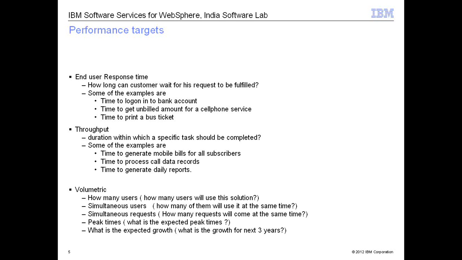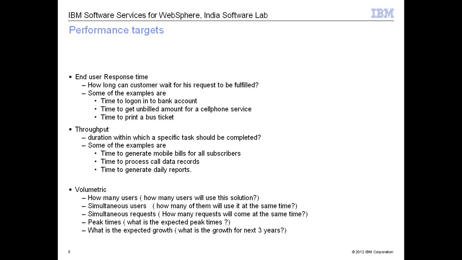Is only one person using the system, or hundreds of people, or millions of people? How many simultaneous users are using the system at the same time? Now, one could be logged in, right? Many people log into their online banking system. That does not mean that all of these users are clicking the button at the same time.